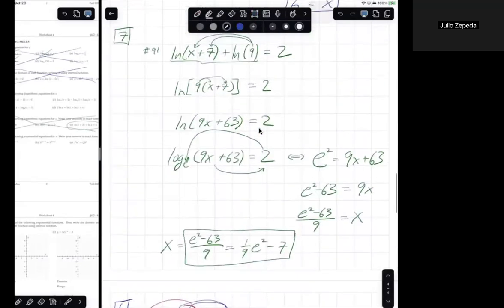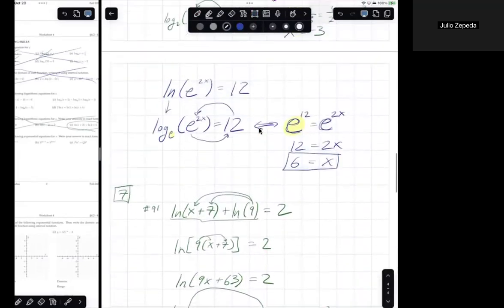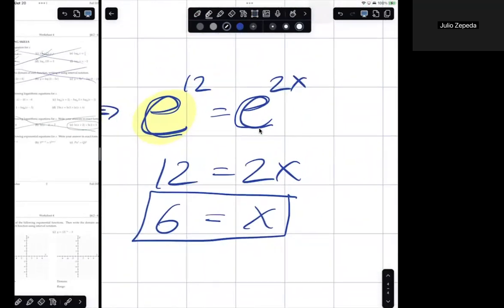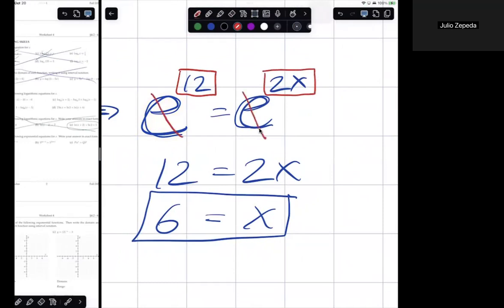Basically, the shortcut comes down to this. Earlier, we said if we have two exponential expressions that are equal to each other, and the bases are the same, we can just set the exponents equal to each other. And so we got 2x equals 12.